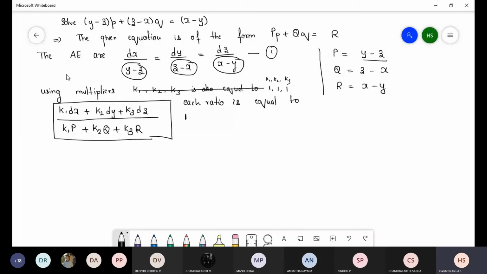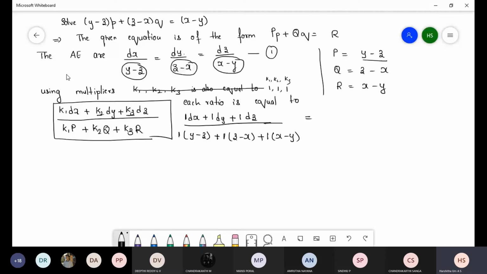K1 into dx plus K2 into dy plus K3 into dz divided by K1 into P plus K2 into Q plus K3 into R. Here you can refer, capital P is y minus z, Q value is z minus x, and R is x minus y.